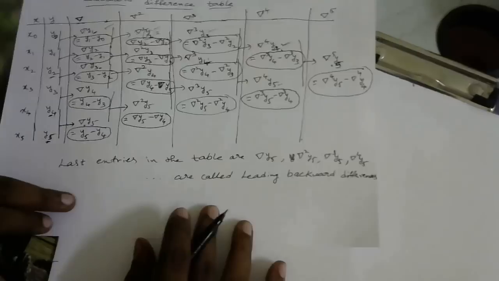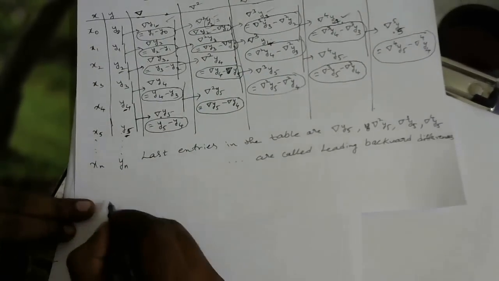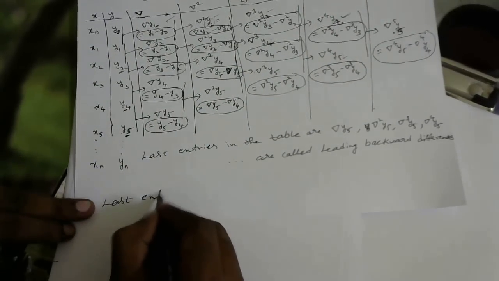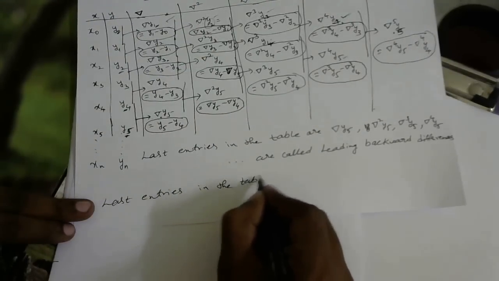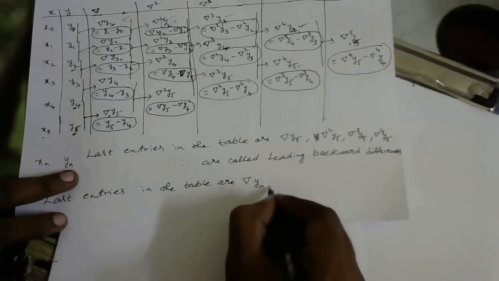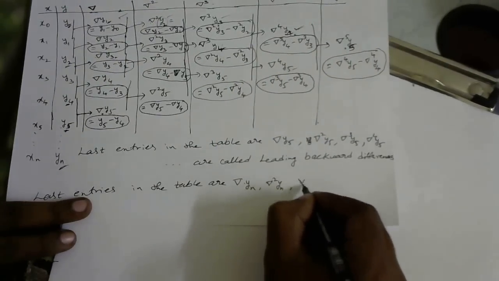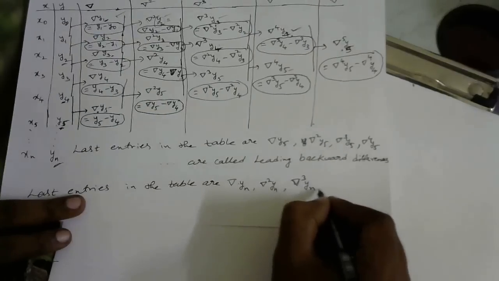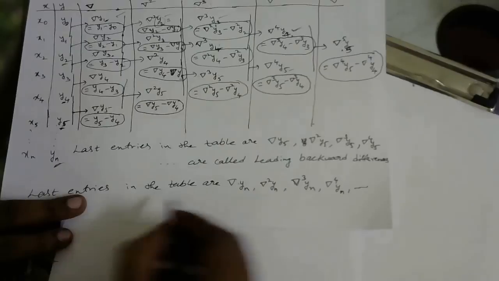Leading backward differences. So here, if you write up to x to the power of n, this becomes y to the power of n. Then what do you get here? The last entries in the table are del y suffix n, del square y suffix n, del cube y suffix n, delta to the power of 4 y suffix n, and so on.